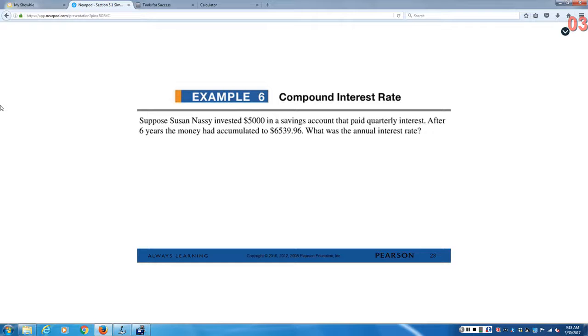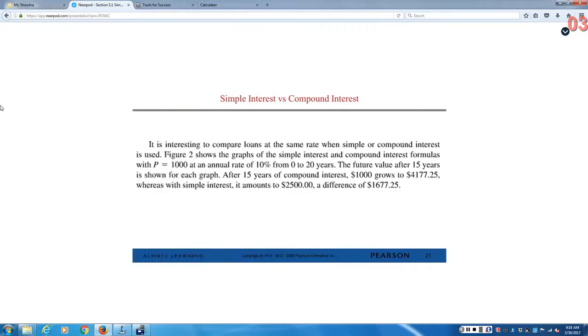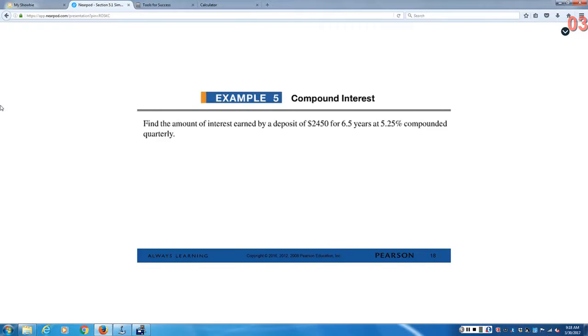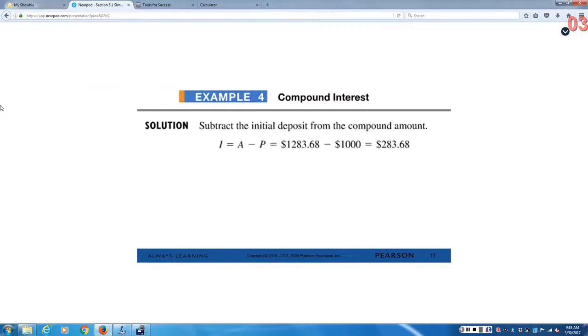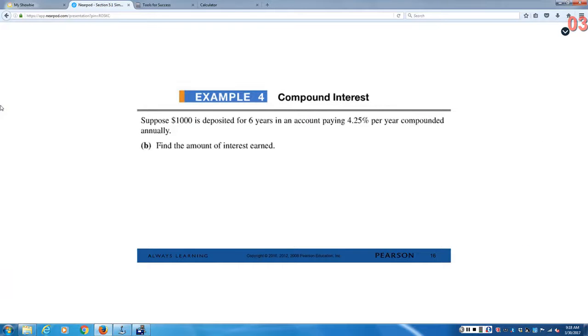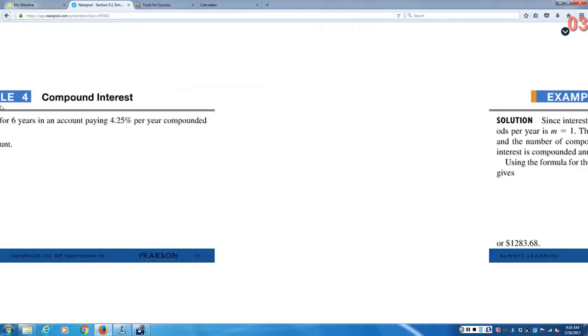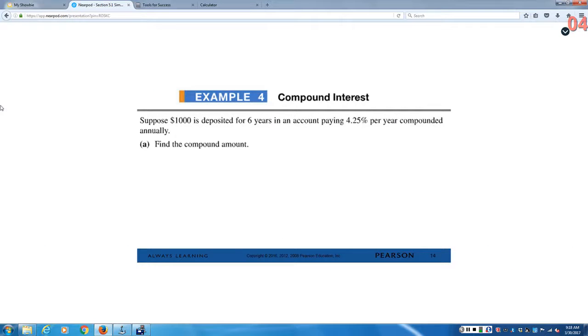No, that's not the one I want to do. Hang on. Because I want the one that does compound amount. Okay, example 5. Okay. No, I'm sorry, it's example 4. In example 4, we had $1,000 is deposited for 6 years in an account paying 4.25% per year compounded annually. Okay? So what I'm going to do is I'm going to record that information over here, and we're going to work through this problem on the solver.